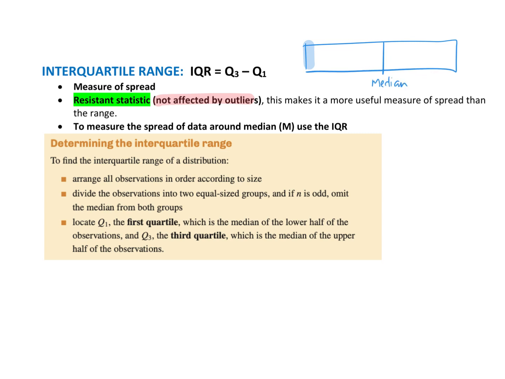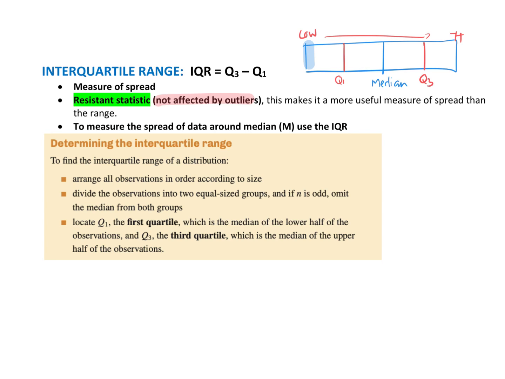Q1 is the first quarter mark, so if you lined it up from lowest up to highest, Q1 would be at the first quarter mark, and Q3 is the third quarter mark.